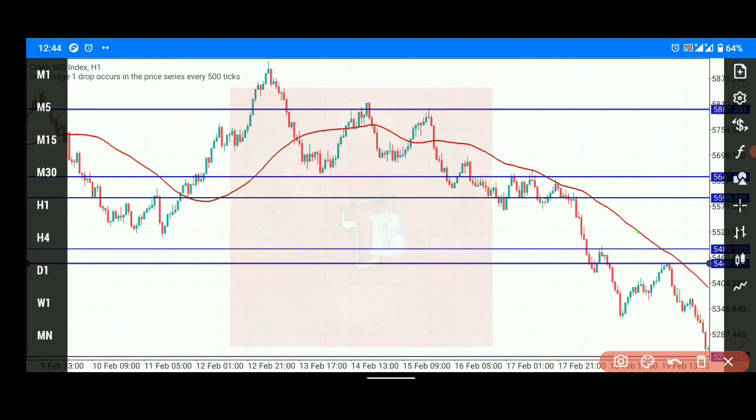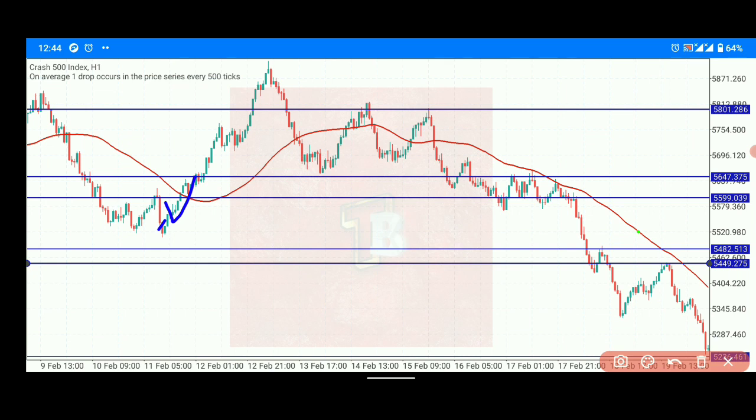This is where it started: a higher high, higher low, higher high, higher low, higher high, higher low. Now you can see this low is changing to a resistance, a next zone, but we cannot enter it because there is no confirmation about it. So we wait, it goes back up.